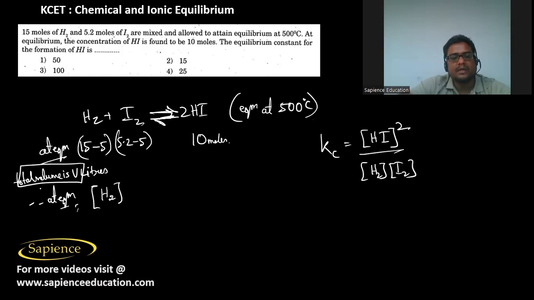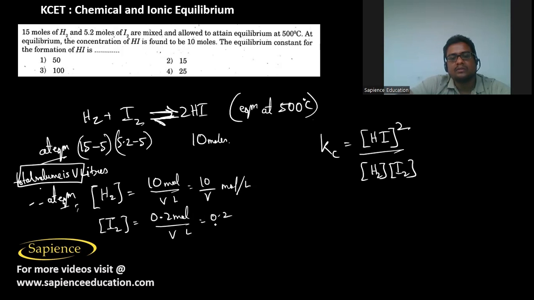Then at equilibrium, the concentration of H2 will be equal to 10 moles divided by V liters, so that is 10 by V mole per liter. And the concentration of I2 will be equal to 5.2 minus 5, that is 0.2 moles divided by V liter, so that is 0.2 by V mole per liter.